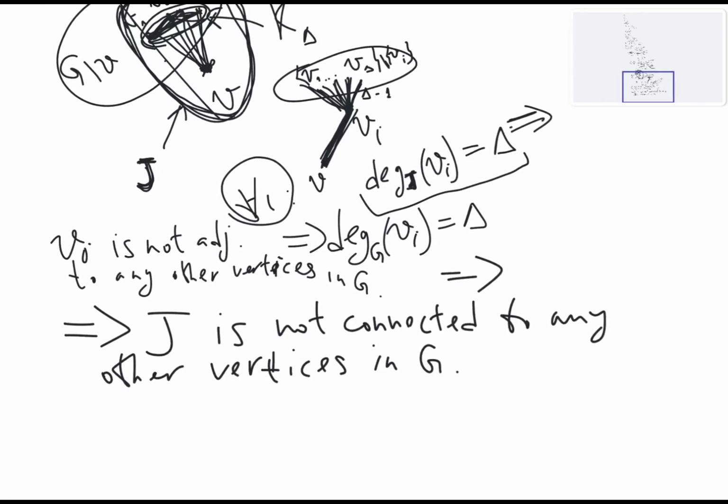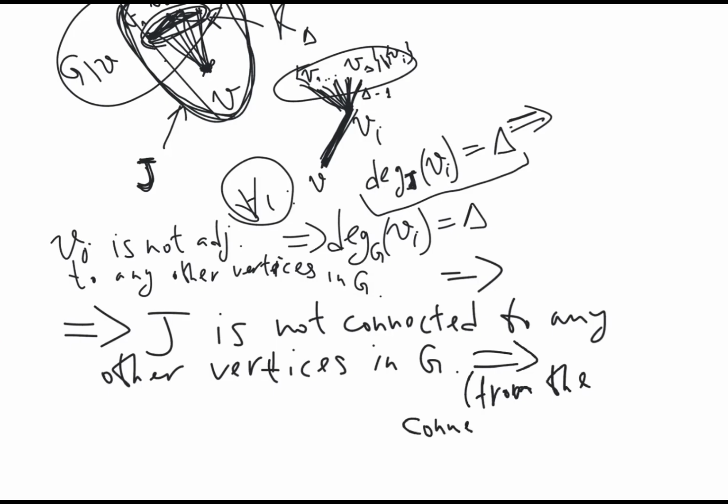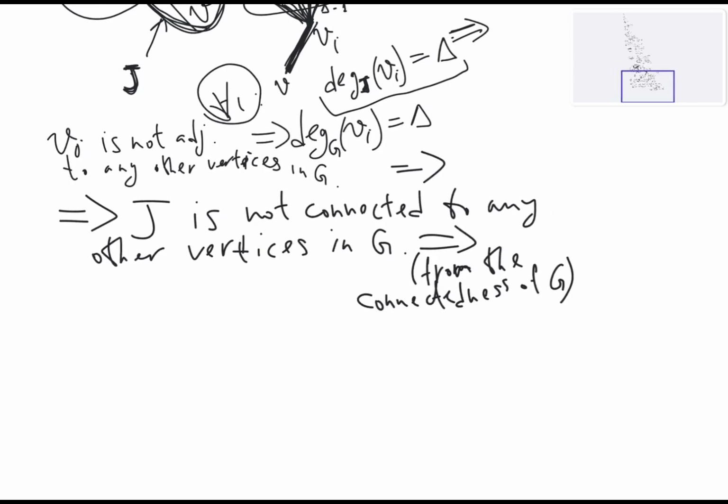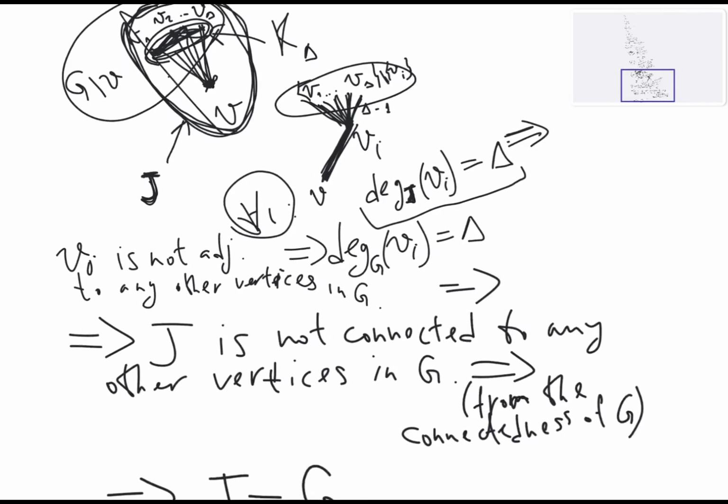So from the connectedness of G, it implies that this subgraph J is the whole graph G. There are no other vertices in the graph, right?